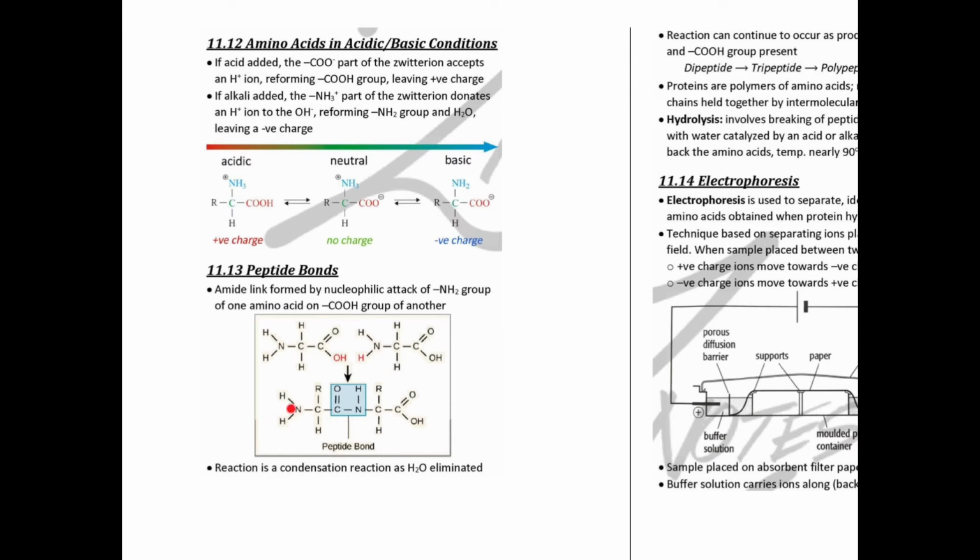Then they can form another peptide bond here. Likewise, here is C double bond O and OH. They can react with the NH2 of another amino acid and form another peptide bond.